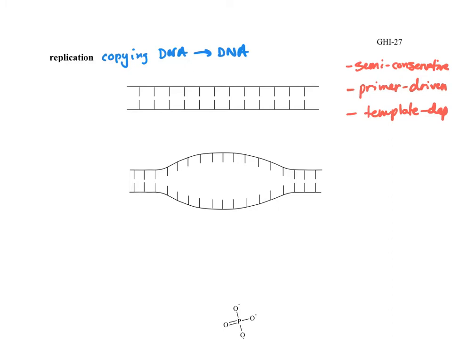So let's get into the basics. If we're going to replicate DNA, we got to go back to its common structure. Don't forget that DNA is anti-parallel. If we take this cartoon of a single strand of DNA going 5' to 3', remember the other strand must be 5' to 3' in the opposite direction. And the first thing we need to do is form what we call a replication bubble.